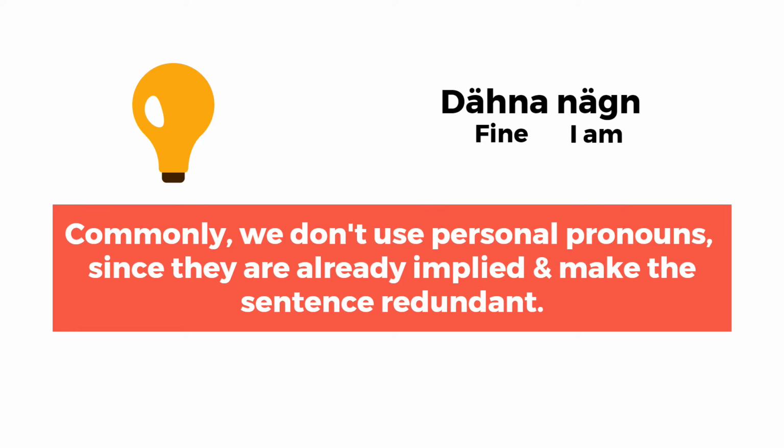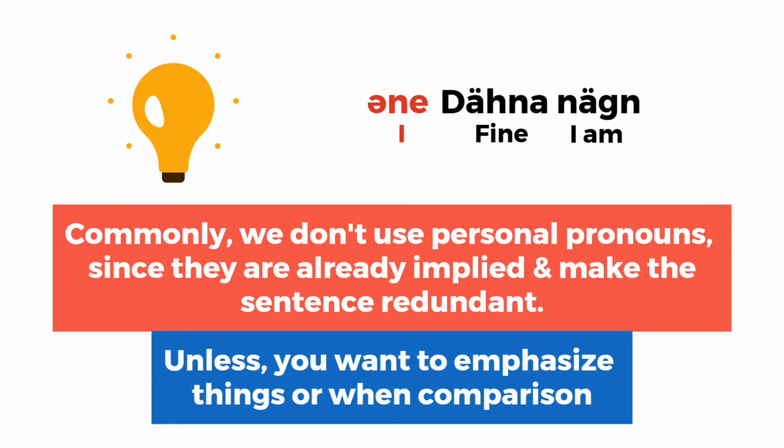So here we didn't use the personal pronoun. The personal pronoun for I is ane, but we didn't say ane dehna nañ. We just said dehna nañ without the personal pronoun. So that's why the personal pronouns are often implied when you say the verbs. So you don't really need them unless you want to emphasize things or unless you are comparing things.